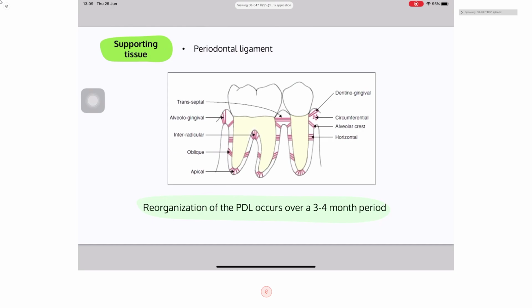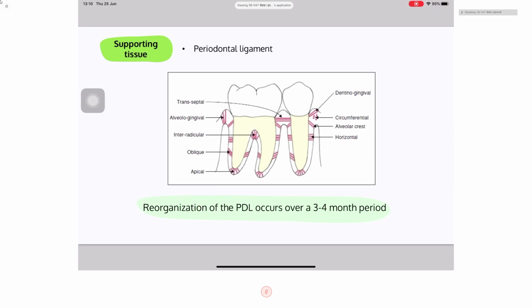Widening of the periodontal ligament space and disruption of collagen fiber bundles that support each tooth are normal responses to orthodontic treatment. After the orthodontic appliance is removed, reorganization of the PDL occurs over 3 to 4 months, and slight mobility is present when the appliance is removed.